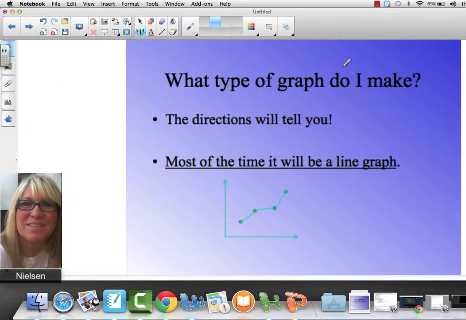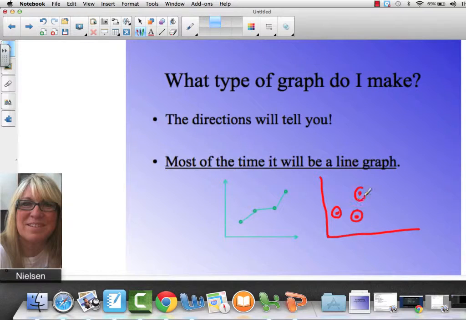So what type of graph are you going to make? Well, usually the directions will tell you whether it's a line graph, a bar graph, scatter. Sometimes you need to figure it out, but most of the time it will be a line graph. Now, how a line graph differs from a scatter or a line of best fit is sometimes you will plot your data and you will get different points.